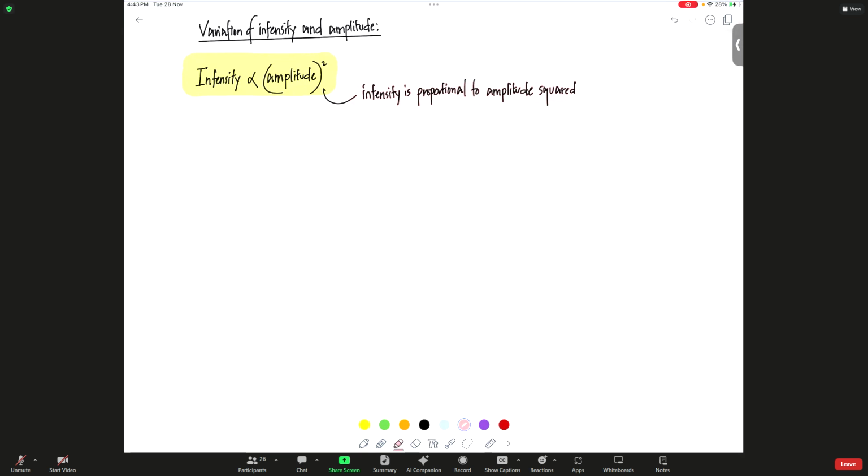So intensity is proportional to amplitude squared. Let's take an example from a past paper question. You have this graph where this is intensity in watt per meter square, and this is distance in meters, and it's a wave. So this is how the intensity varies.